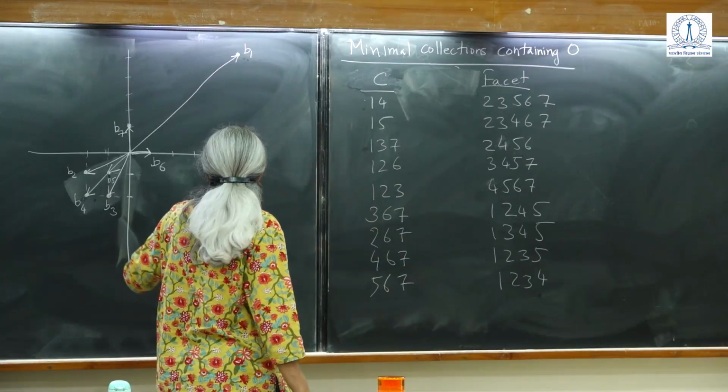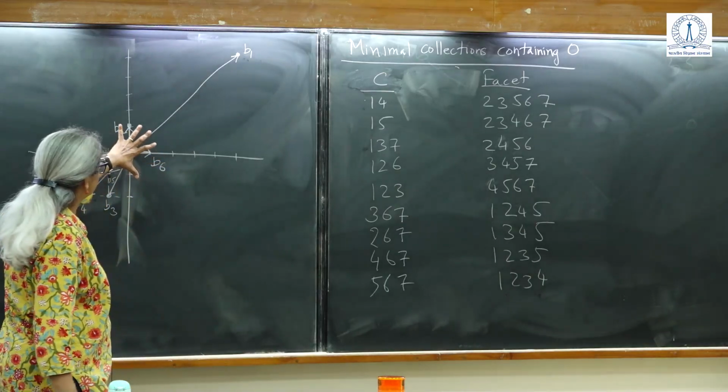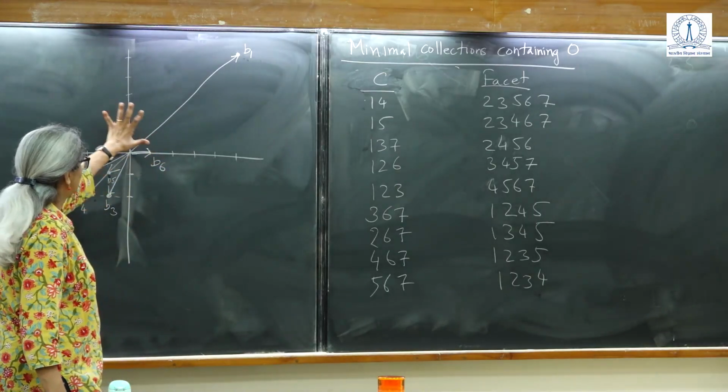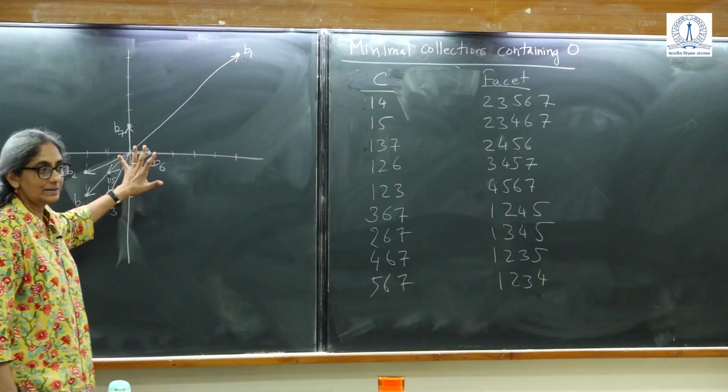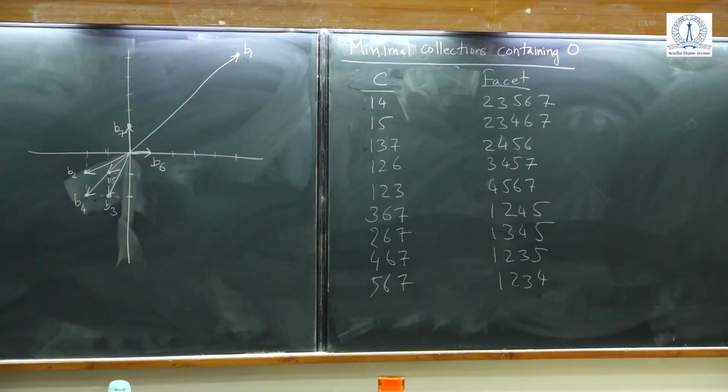So this picture itself has a GL action on it, right? If I have a basis like this, there are infinitely many bases for the kernel, so you can change bases here. That is a GL action.